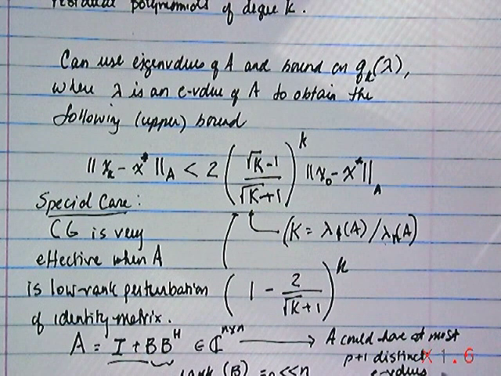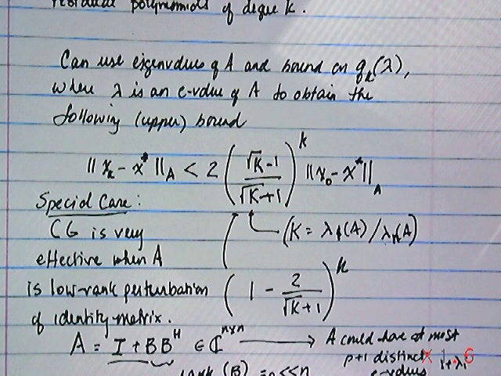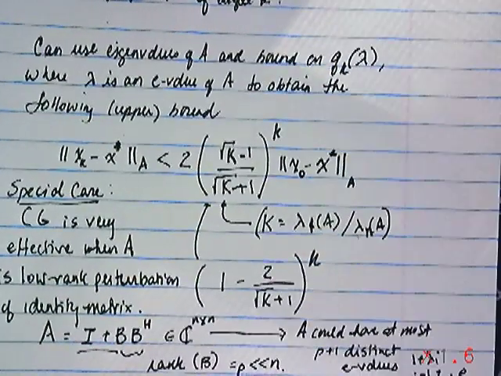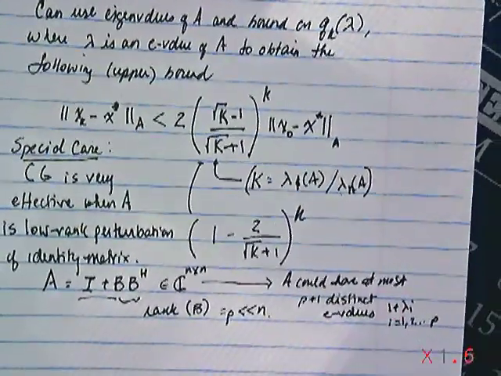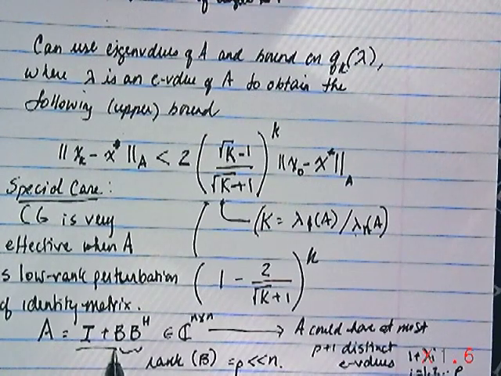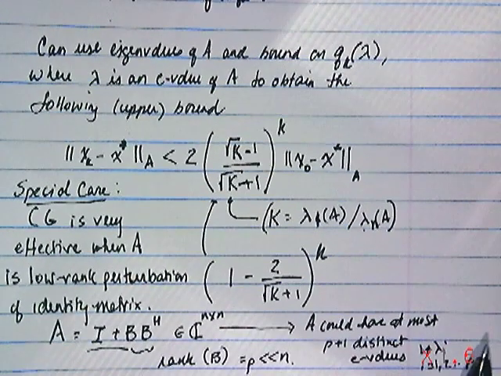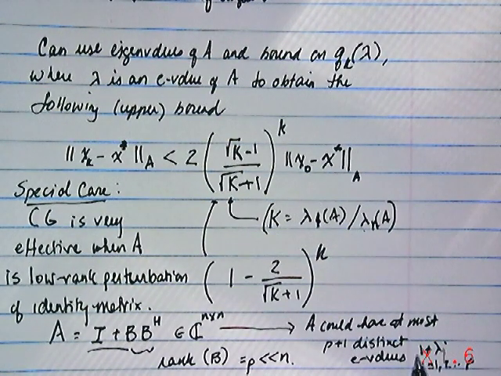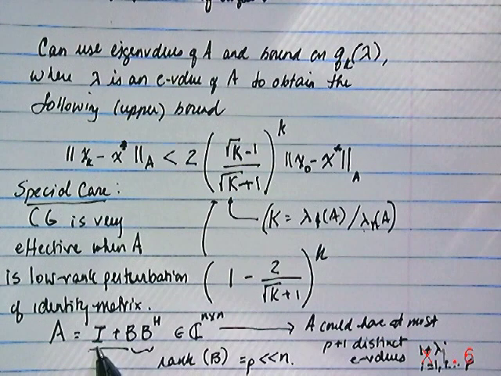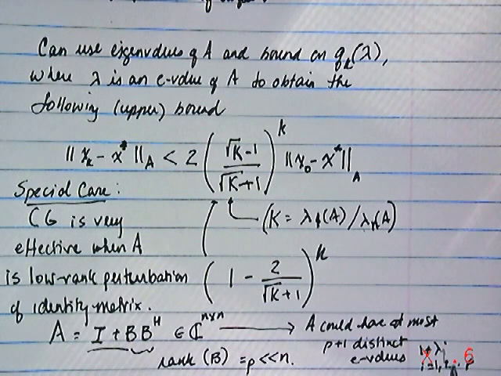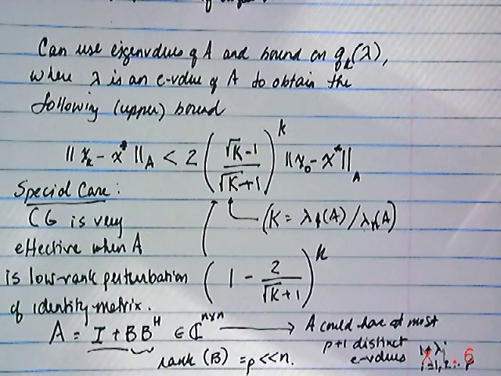In other words, of the form 1 plus lambda_i, for i going from 1 through P. It's because of the fact that you have the rank perturbation, and this is rank P. It's not too hard to show that the eigenvalues of the identity are all 1, so 1 plus some other value, and you'll have at most P plus 1 distinct eigenvalues.